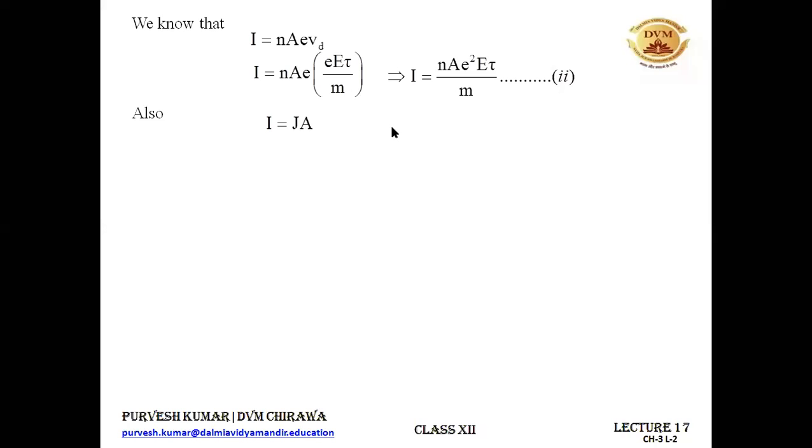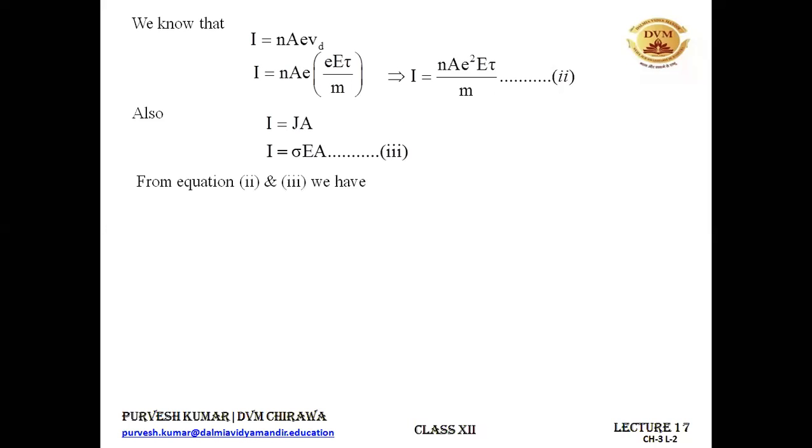Now in these two equations, in place of J, you can write sigma E, as we have just derived that J is equal to sigma E. We can equate these two equations with each other because they both are denoting current I only.